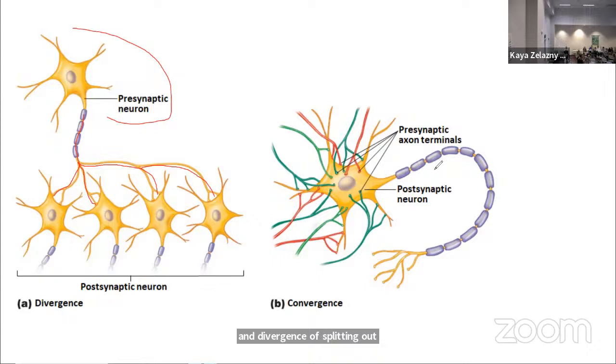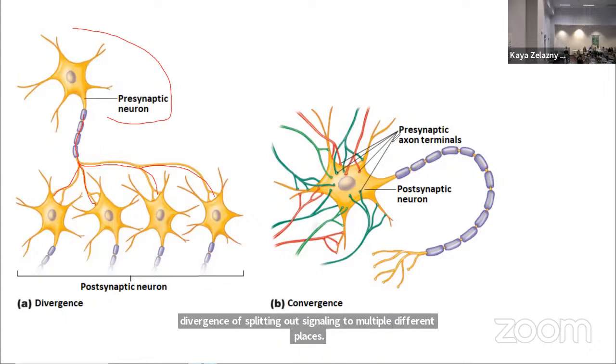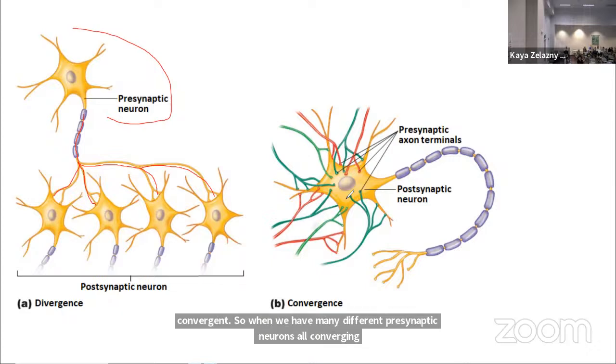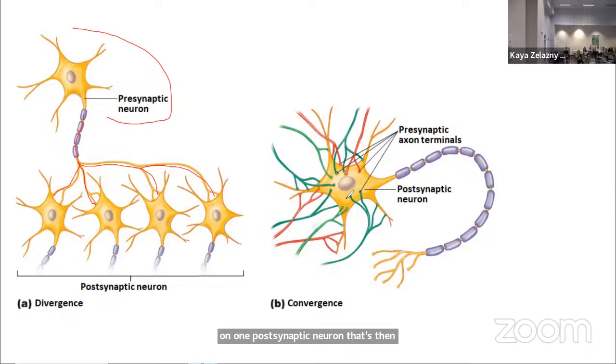The opposite version of this is convergence. So when we have many different presynaptic neurons all converging on one postsynaptic neuron, that's then going to have to decide, is this enough to get us to threshold? Okay. So here in convergence, we're looking at the postsynaptic neuron, right?